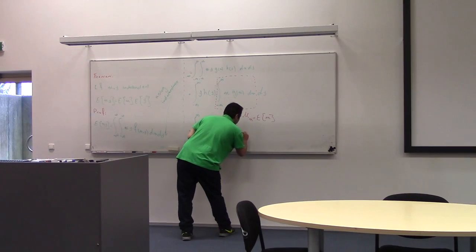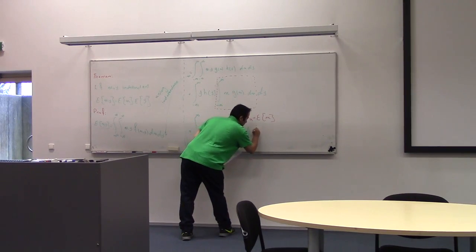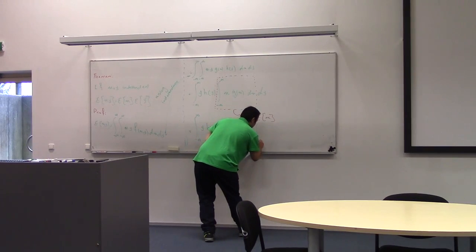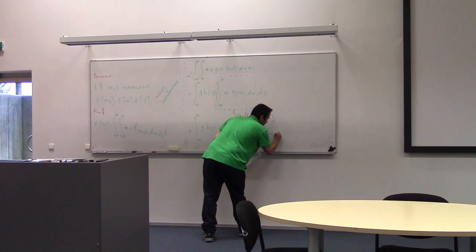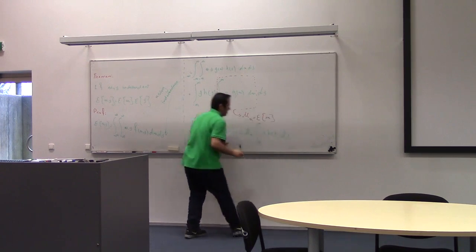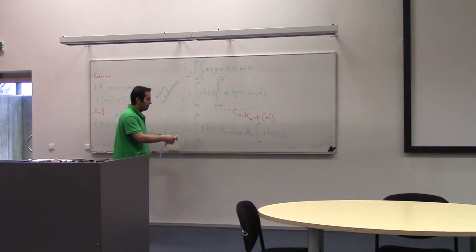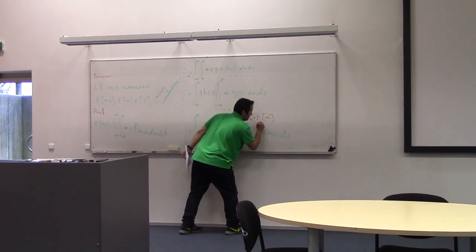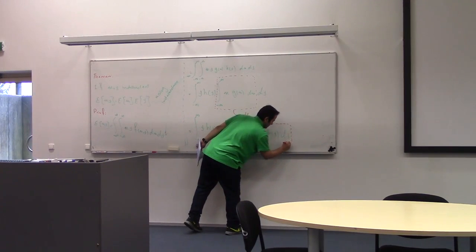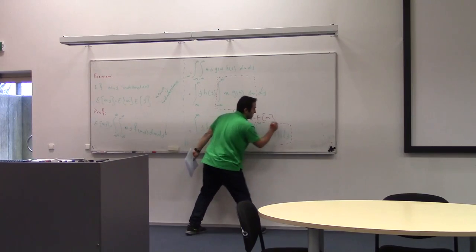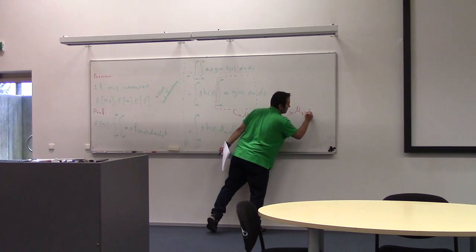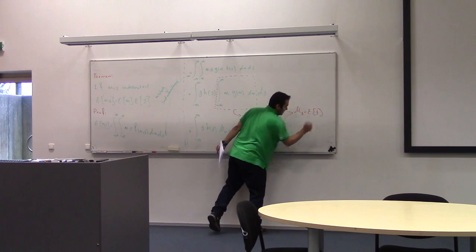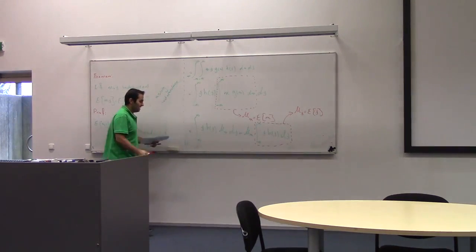Then we can write it like this: mu x, minus infinity to infinity y h y dy, and from here we can say that it is equal to mu y, or the expected value of the y.